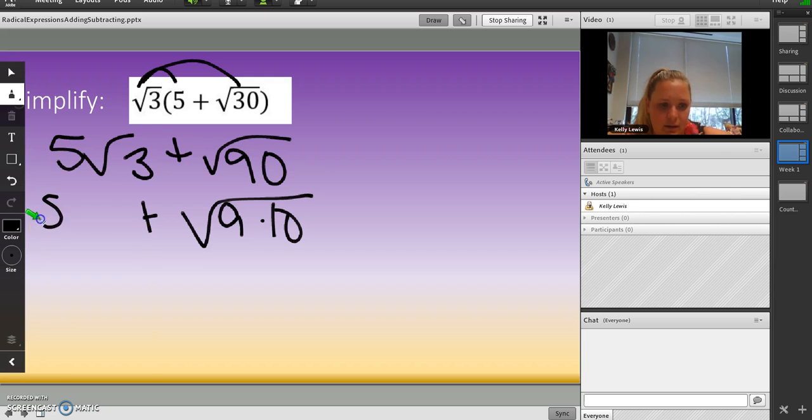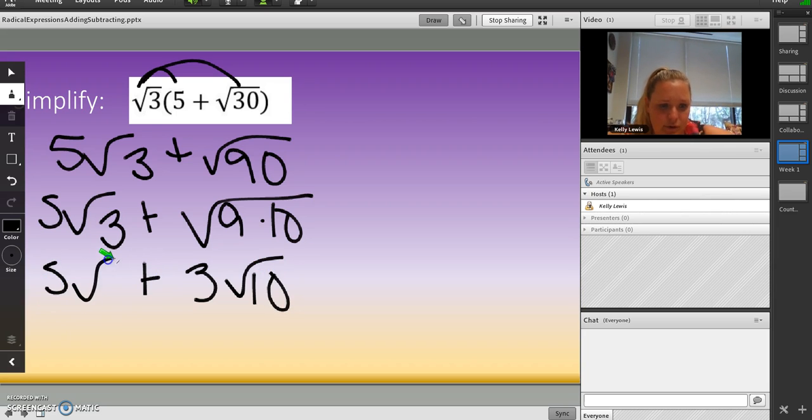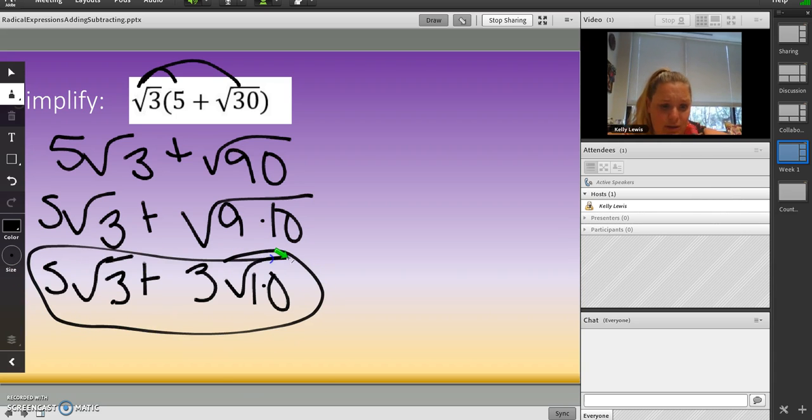All right, the square root of 9 is 3. Square root of 10 plus 5 square root of 3. This is square root of 3 and this is square root of 10. They can't, one's in the mental side of the jail and one's like a normal person. So they're both in the same jail because they're both square roots, but they can't talk to each other.